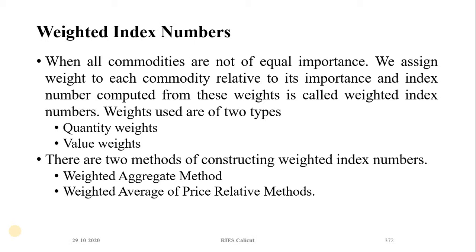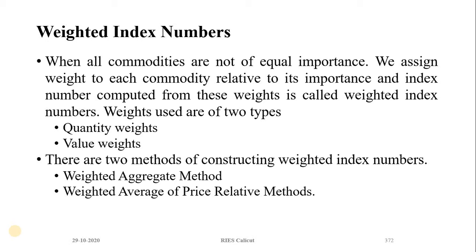Okay, so if you are not considering the weights, and you are considering an index number only based on price, the gold will have more weight. That means the purchase of the gold will impact our index number.